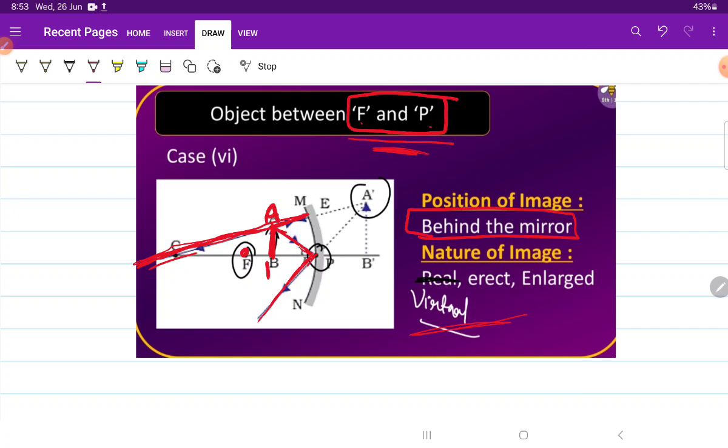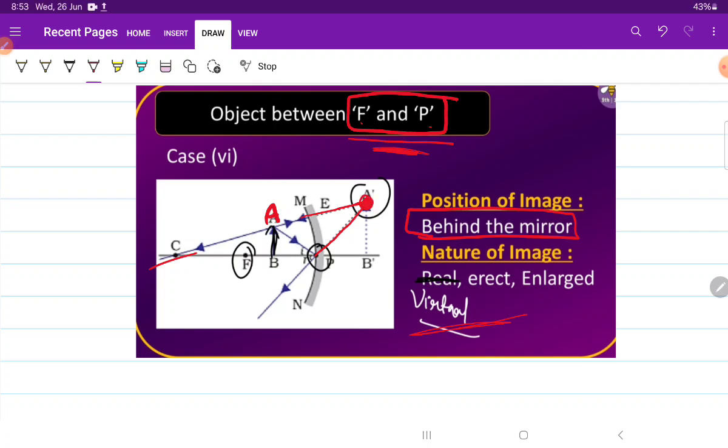The light rays striking at the pole reflect back in the same medium with the same angle of incidence and angle of reflection. So you can see the image is not forming over here, because both the rays are not meeting at any point. So we have to make imaginary lines. Both are imaginary, not real.